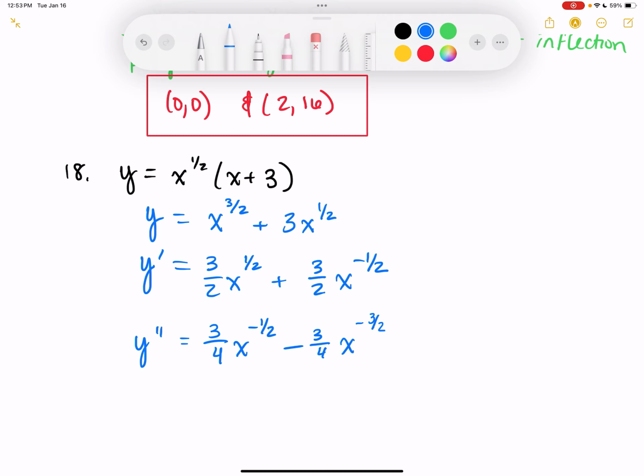All right. Any suggestions? I suggest that we set the derivative equal to 0. Sounds like a great plan. And then we can take out a 3/4 x to the negative half.